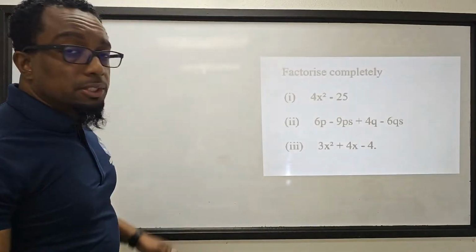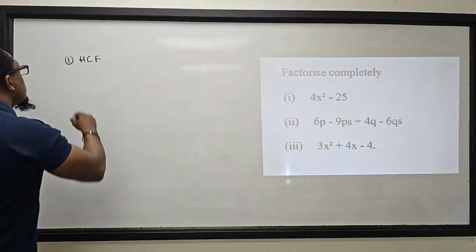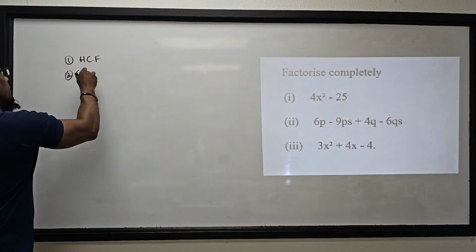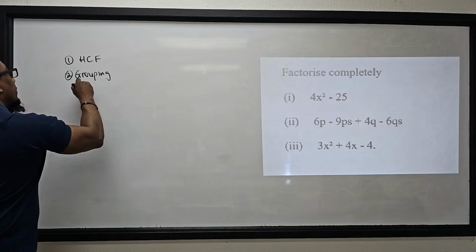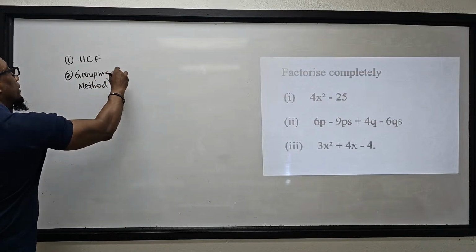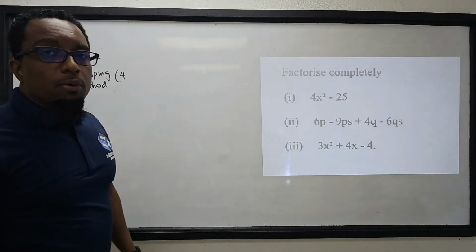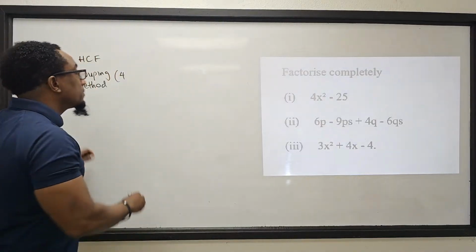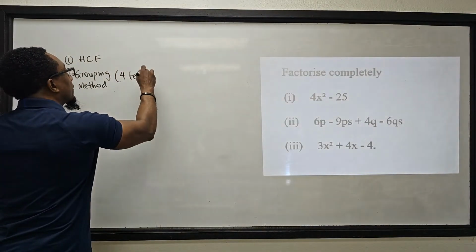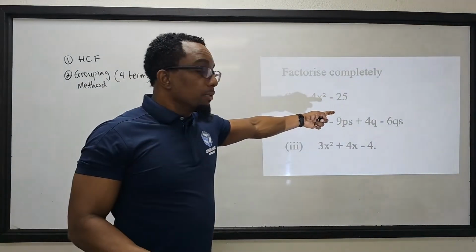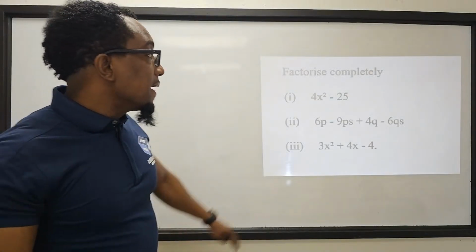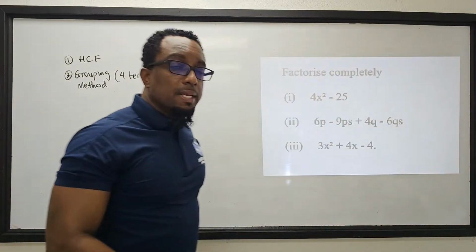This is the HCF method. The second method is the grouping method, which is used when you see 4 terms in the expression. We can use the method of grouping because I have 1, 2, 3, 4 terms in the expression.